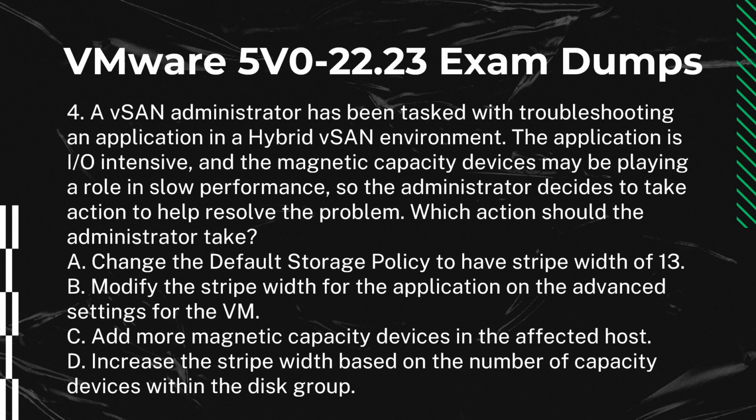A. Change the default storage policy to have a stripe width of 13. B. Modify the stripe width for the application in the advanced settings for the VM. C. Add more magnetic capacity devices in the affected host. D. Increase the stripe width based on the number of capacity devices within the disk group.